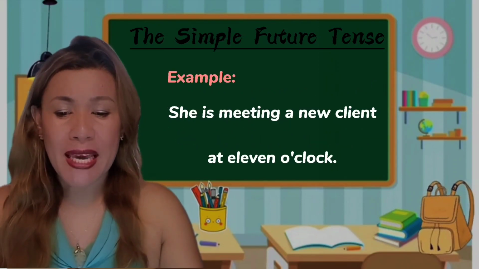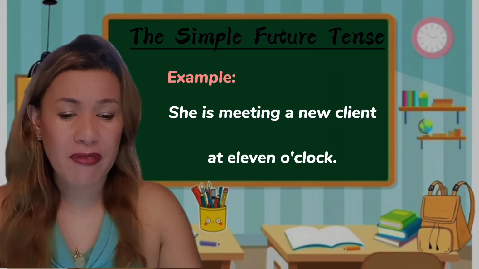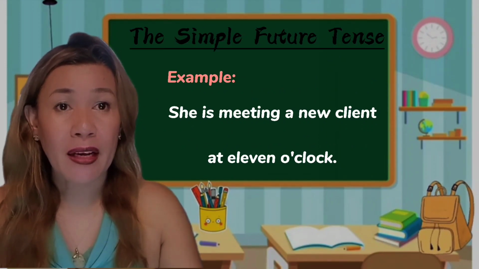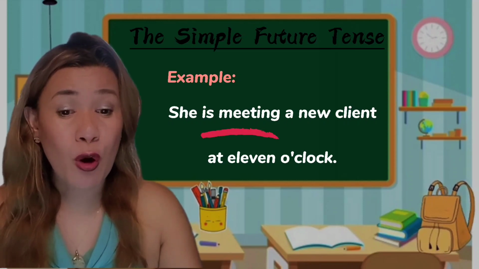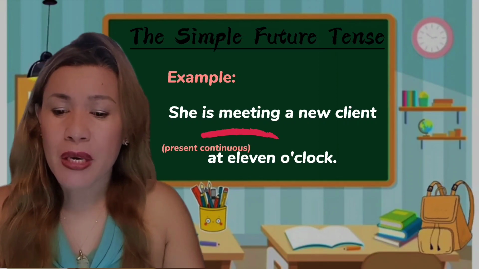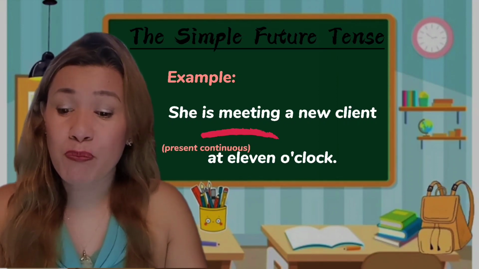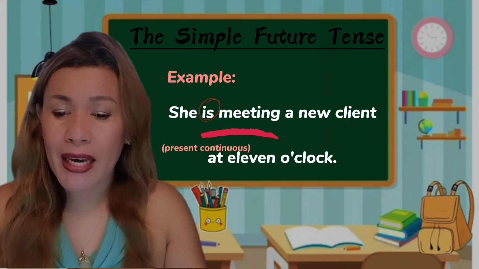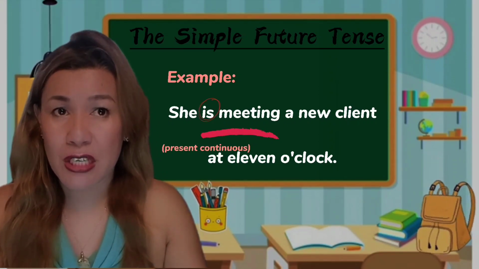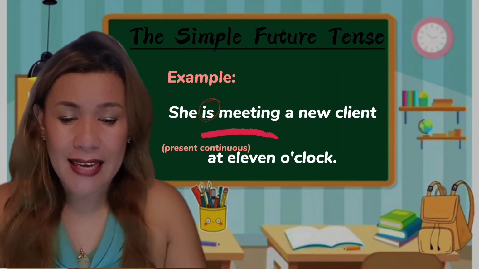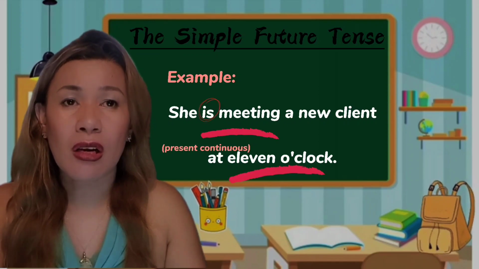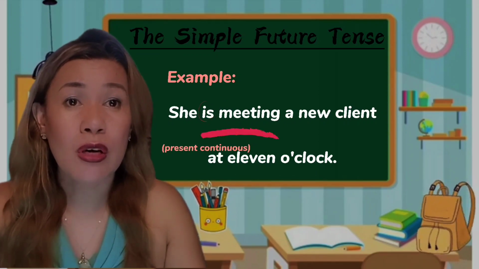She is meeting a new client at 11 o'clock. Our verb is meeting, and this verb or this form is in present continuous. Why present continuous? Because our verb begins with a be verb followed by an ing form of the verb. That's how we form our present continuous. So in this sentence, we have a time indicator, at 11 o'clock, which is yet to come.